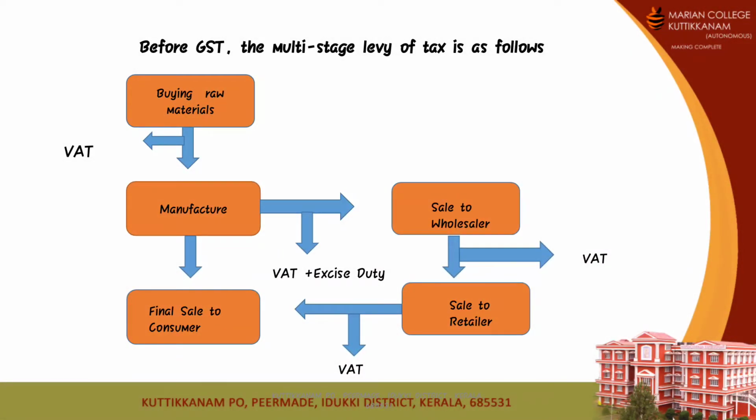Before GST, as we had already discussed, there was value added tax, and there were so many other indirect taxes which were subsumed into Goods and Services Tax. So before GST, the multi-stage levy of tax happened as follows. Let's take an example of a manufacturer.